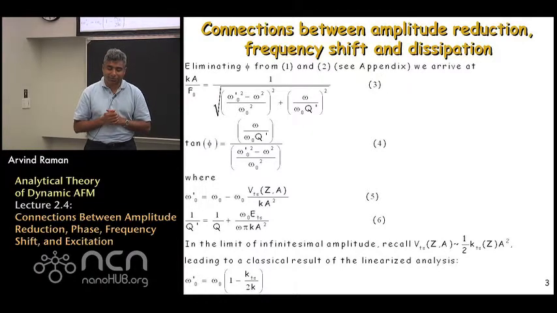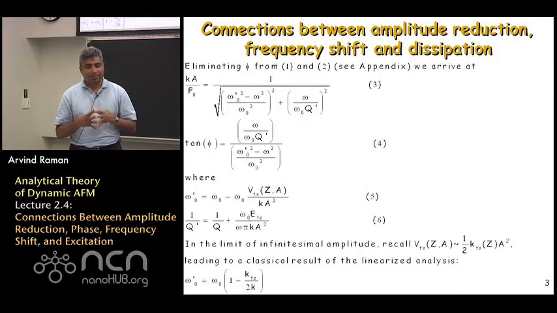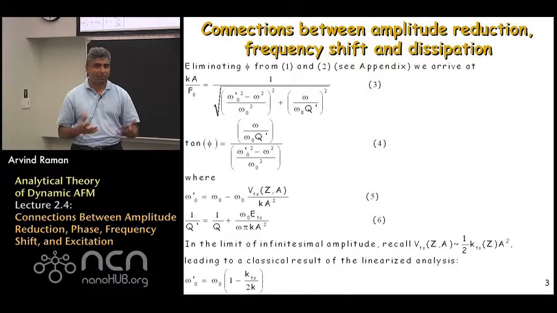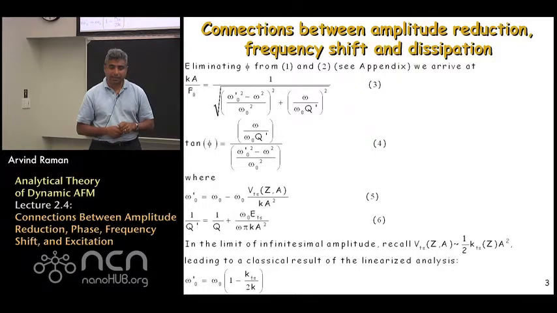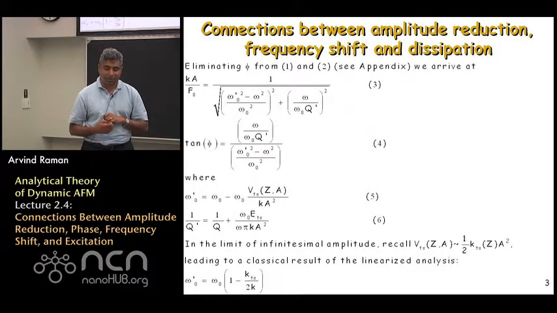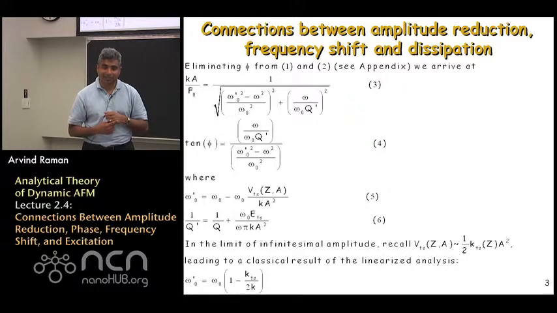What one sees in equation 3 is a beautiful, elegant result. Equation 3, if you think about it, has the same form as the amplitude ratio or the magnitude of the transfer function we talked about way back in week 1 for a directly excited cantilever, except in the denominator we now have an omega naught prime and a Q prime, which are described in equations 5 and 6.